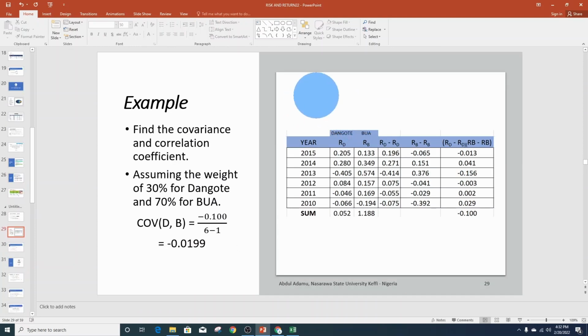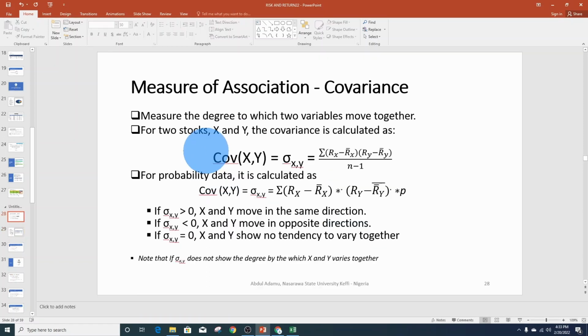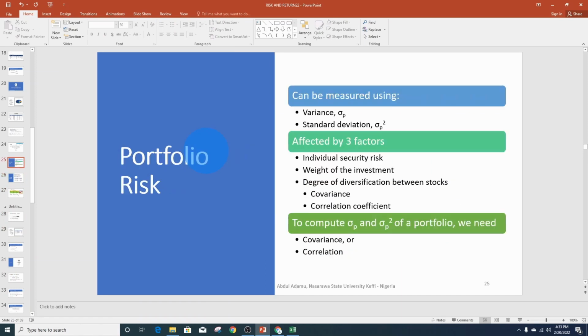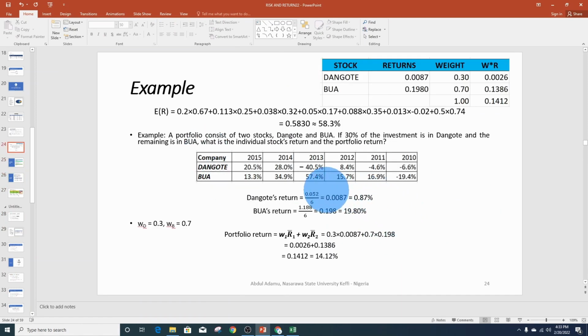But before we get to the correlation coefficient, for our stocks Dangote and BUA, let us find the covariance of the two stocks. If you remember, these are our returns. The first thing we do is to calculate the average, which we have done earlier. If you go back, you will see that we computed the average for Dangote as 0.0087, for BUA as 0.198.